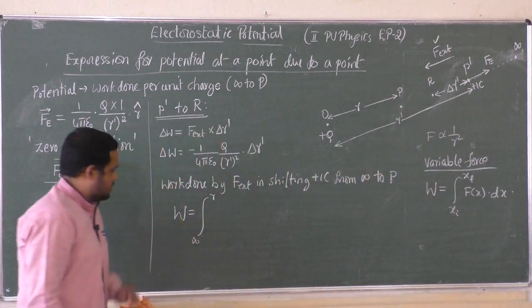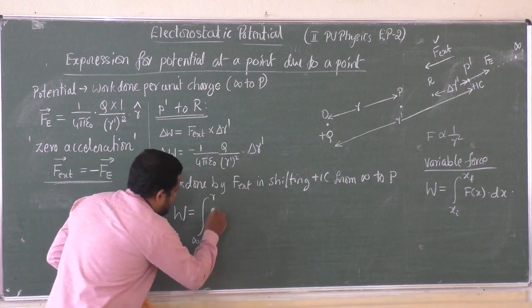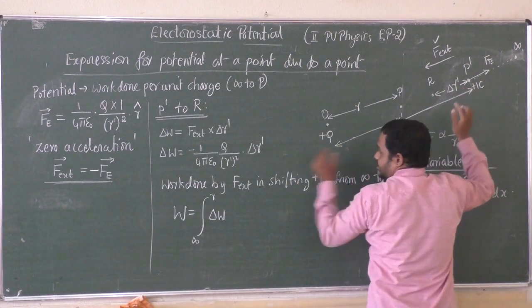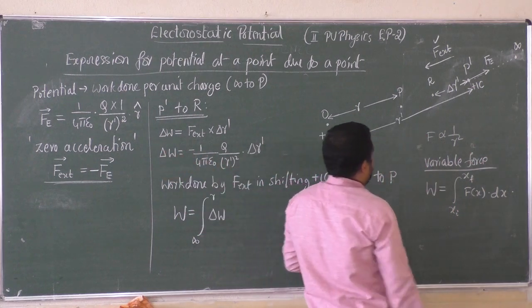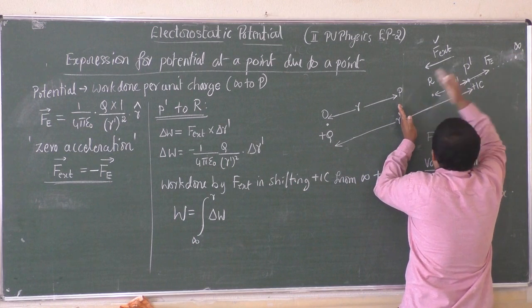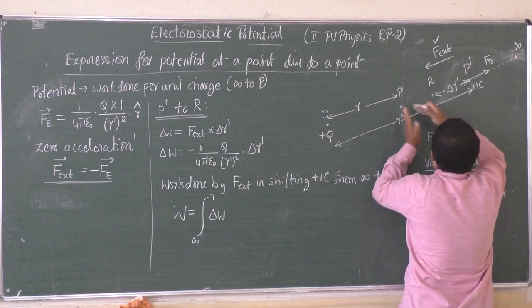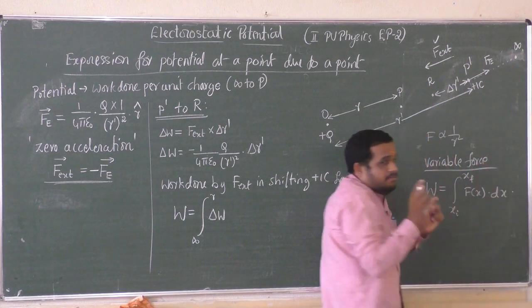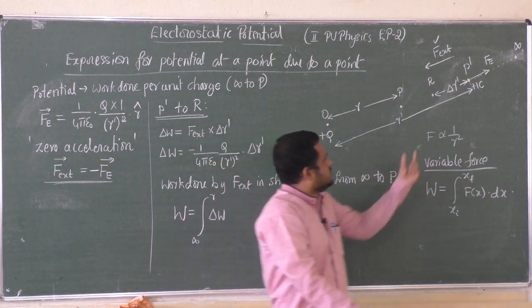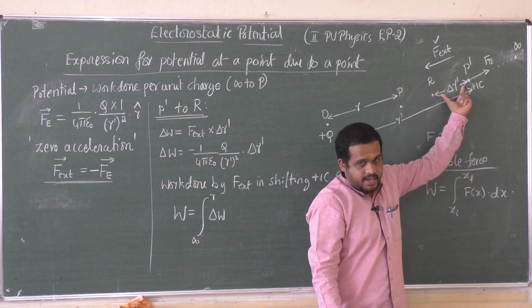So that is the integral from infinity to r of delta W. For small displacement, delta W is the amount of work done. Now the total journey of that unit positive charge from infinity to point P can be considered to be made up of a large number, infinite number, of small intervals, each of length delta r dash.